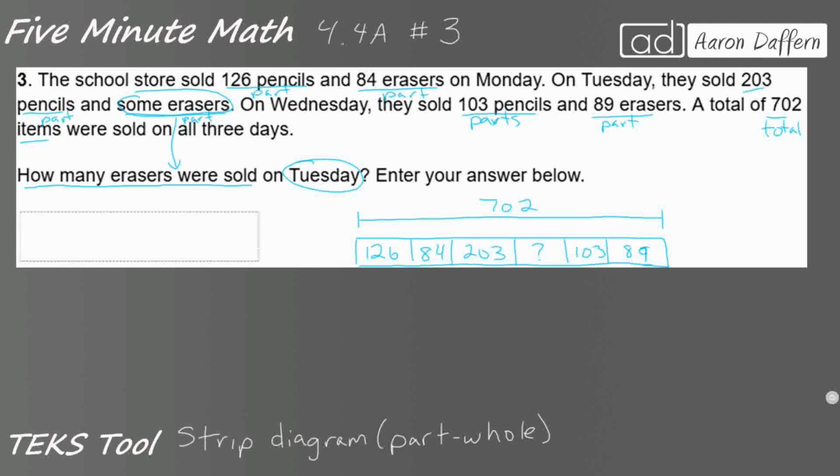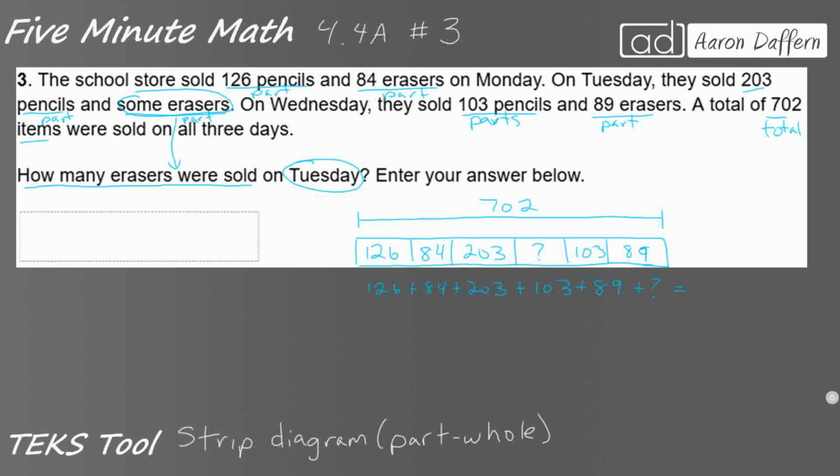There's a few different things that I can do. If I wanted to, I could just write this as an equation. Let's do that so we can see what an equation would look like. I'm going to rearrange it using the commutative property. I want that question mark to be at the end, right?